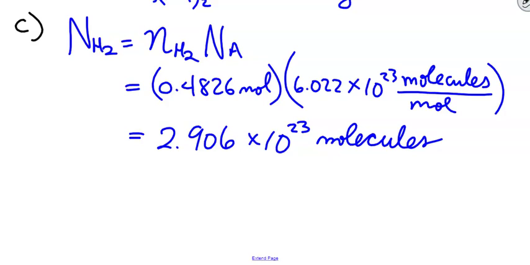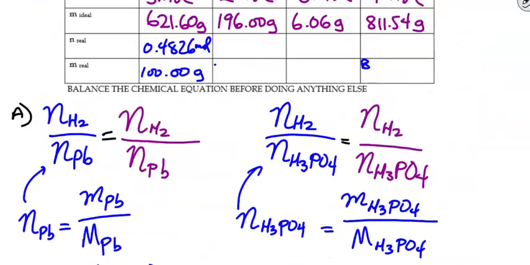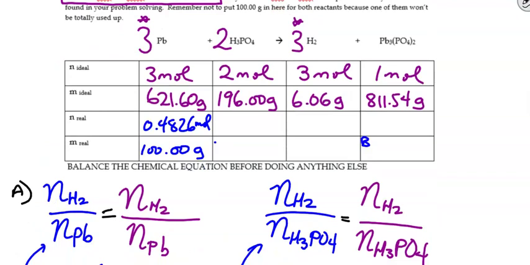For question D, we're trying to figure out how much excess reactant is left over. Oh, I should not be remiss. I got to put these values in here. All right, 130.56 grams. And we use this value here.